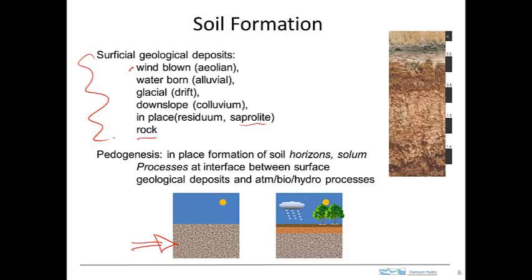And then there are processes related to rainfall, bacterial growth, the growth of plants that cause various chemical reactions and mechanical processes that form layers within the superficial part of this material. And this is what we call soil, or these soil horizons or solum. And here's an example of these different layers. So there are several different layers or soil horizons formed in this material shown in that example.